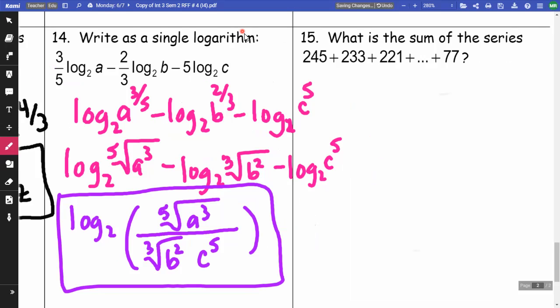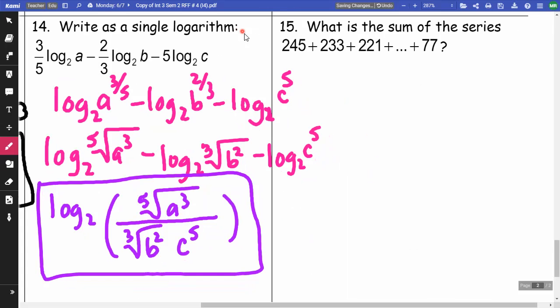On 15, looking at this, I'm thinking this is maybe arithmetic. So let's see, 245 plus something gets me 233. So I'm going to subtract and get a -8.